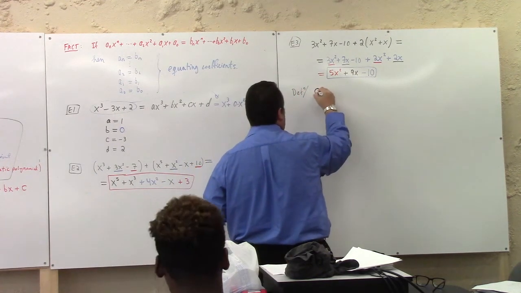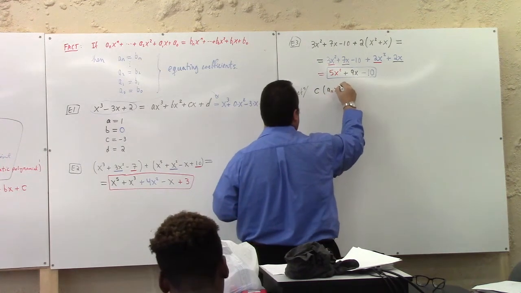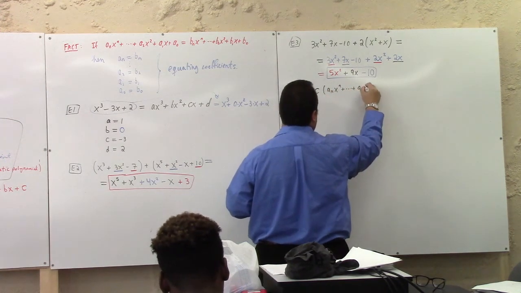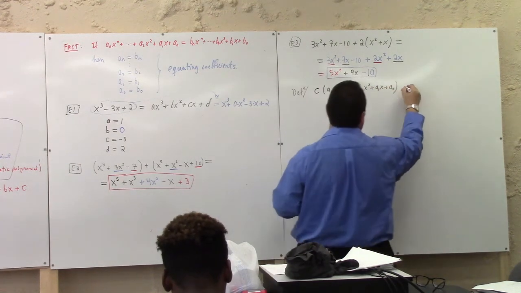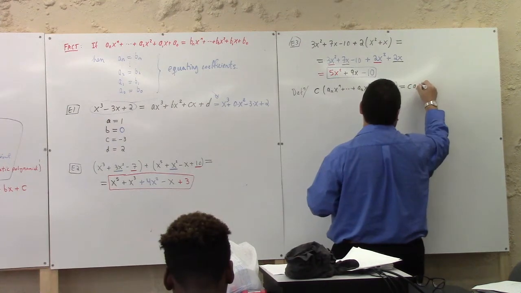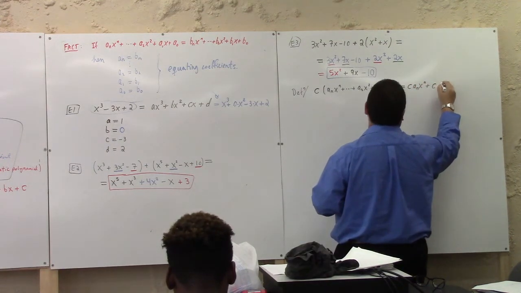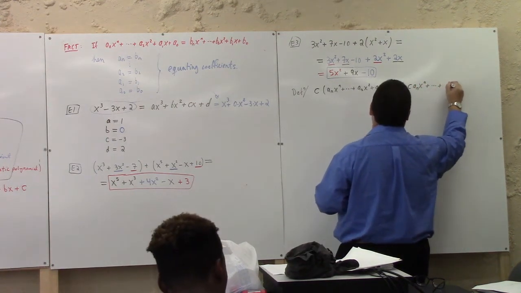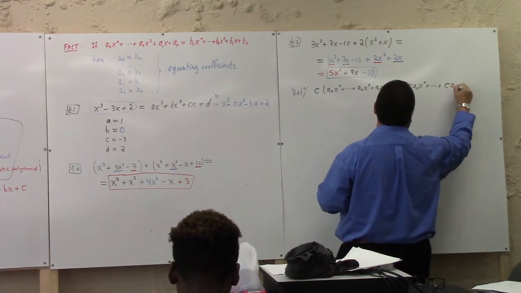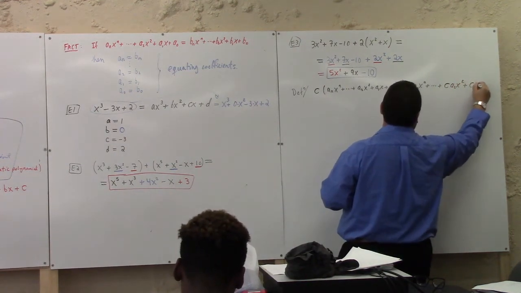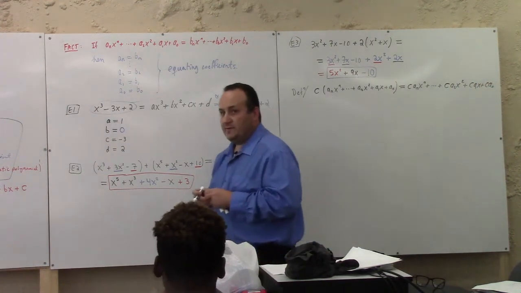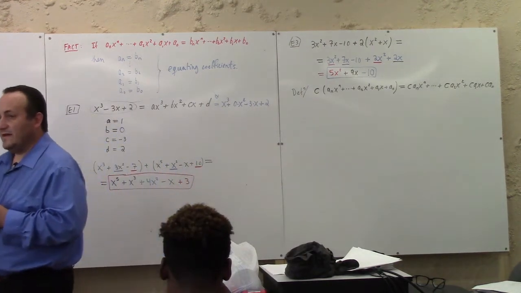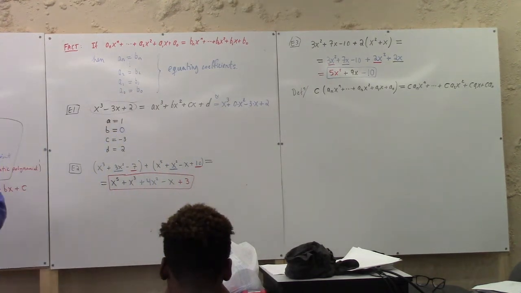If we have a constant times a polynomial, the way that works is you do a constant times a_n x to the n plus the constant times a_(n-1) x to the n minus 1, plus dot dot dot, constant times a2 x squared plus a constant times a1 x plus a constant times a sub 0. What I'm saying is when you multiply the polynomial by a constant, you multiply every single term by that constant. This is how it works.